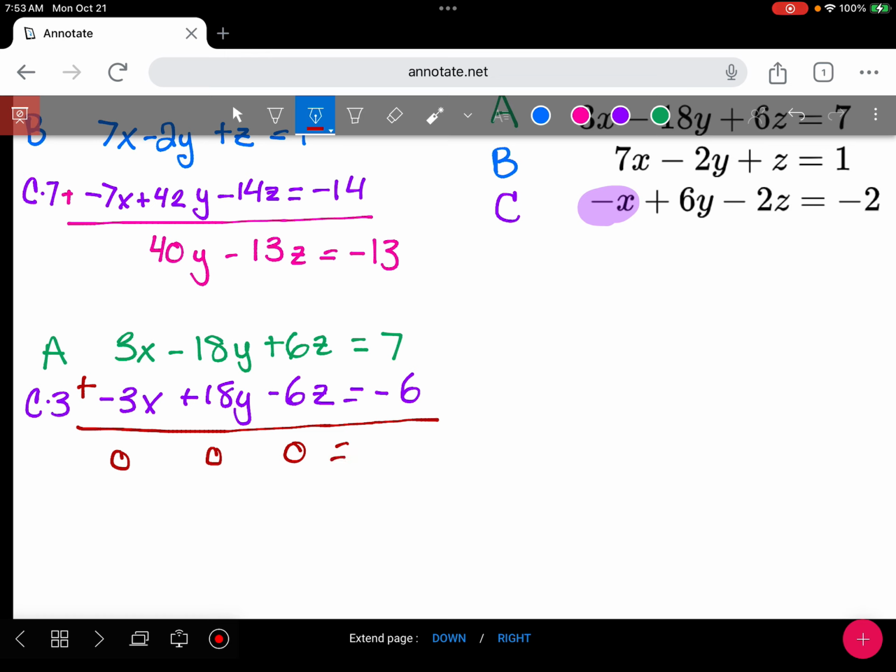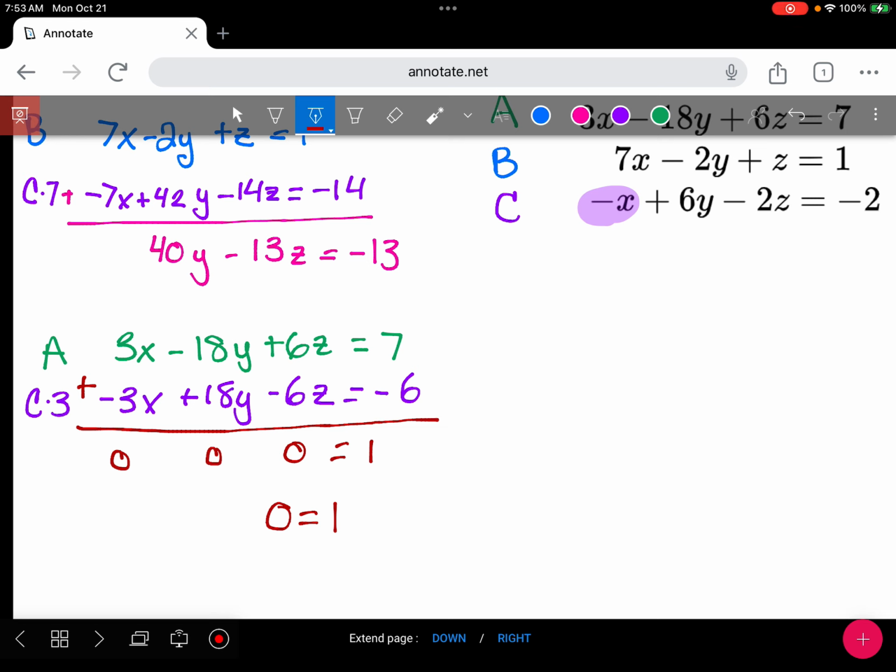0 equals 1. It makes no sense. You're right. It makes no sense. Because does 0 equal 1? No. Ever? No. Never, ever, ever? So where might we have a solution? Nowhere.